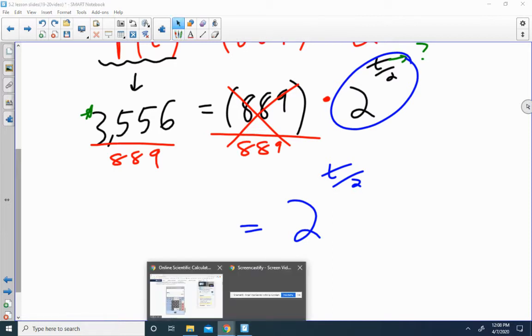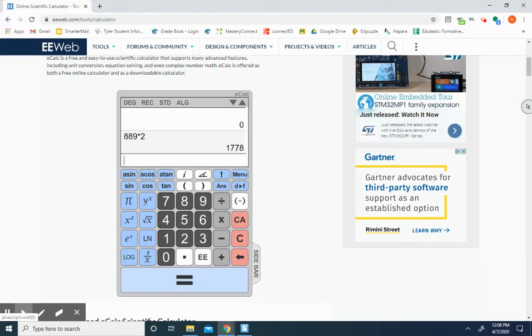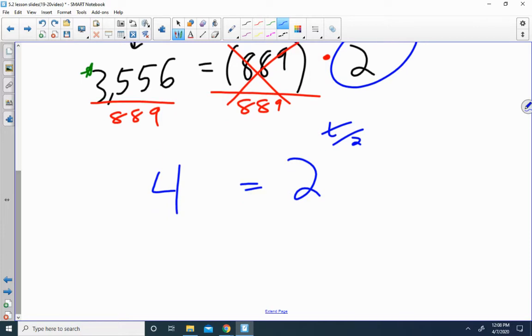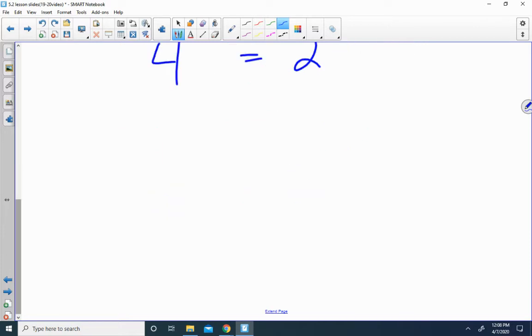Let's go ahead and put that in our calculator. So clear 3,556 divided by 889. So that gives us 4. So now that leaves us with 4 equal to 2 to the t over 2.